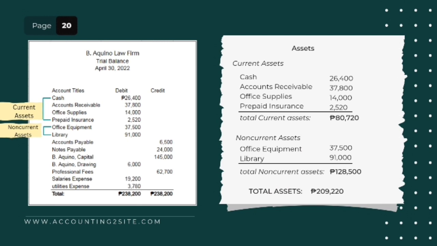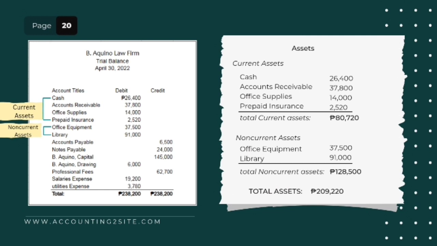So we will add the current assets, which is the amount of 26,400, and the accounts receivables of 37,800, and the office supplies of 14,400, which is the total current asset is 80,720 pesos. And also, the office equipment and the library are classified as non-current assets.